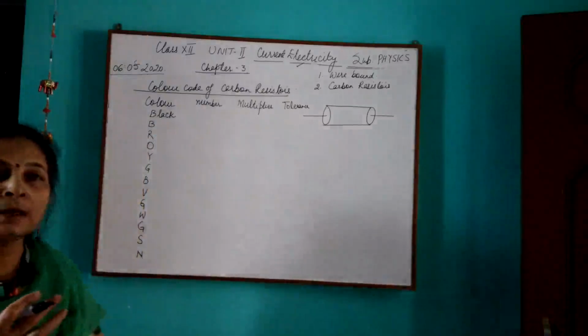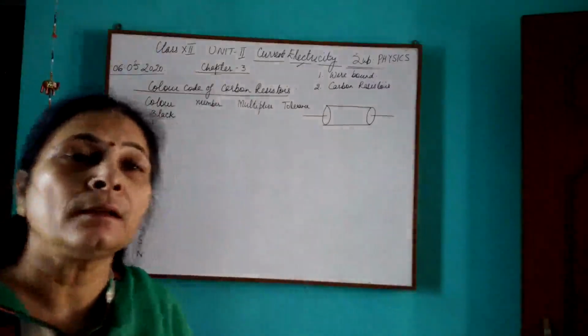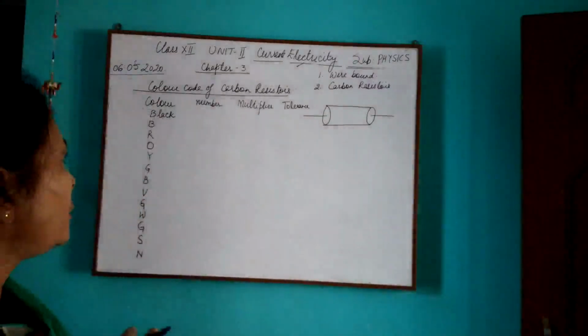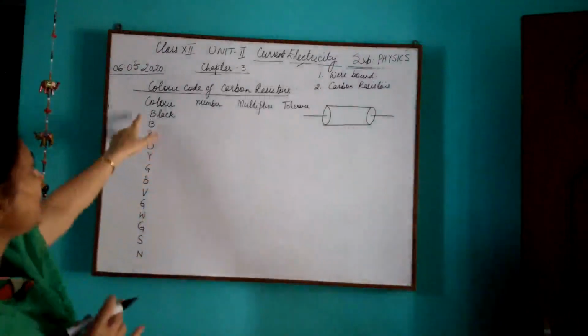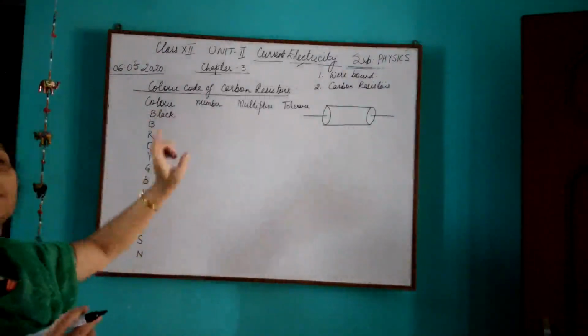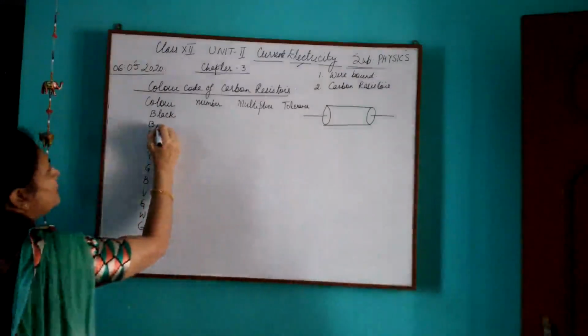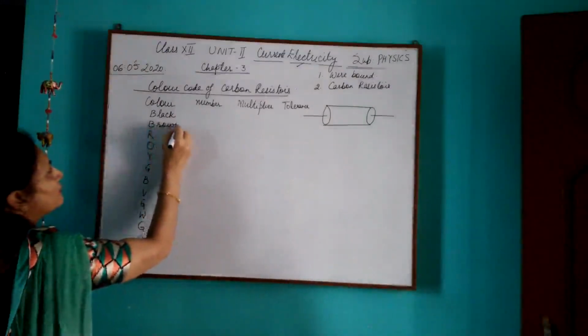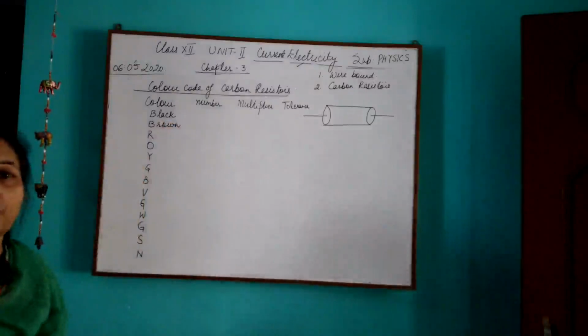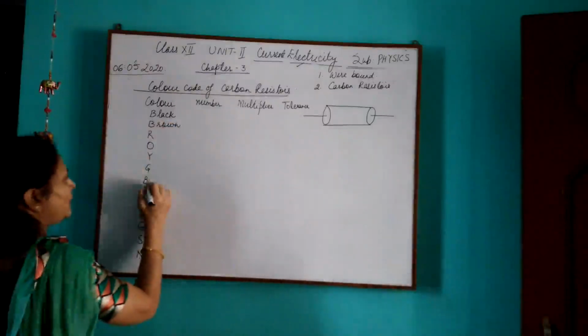So two colors are remaining with B, that is blue and brown. How do you remember? With BL, BL will not come. So the second color will be brown. And then this will be blue.